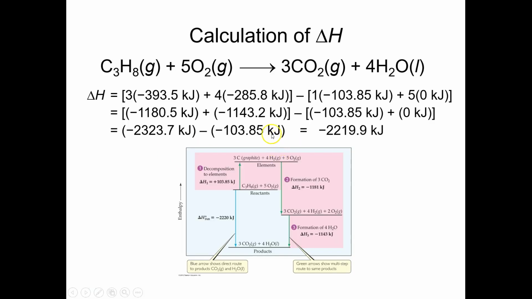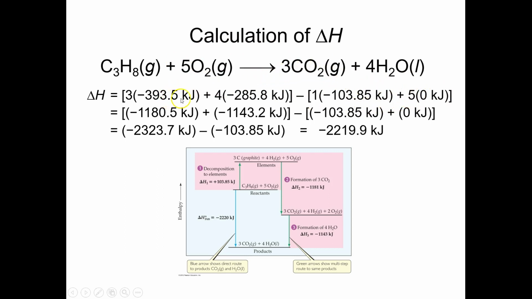And so for the reaction we were just talking about, the combustion of propane, if you look in Appendix C, you'll find that the standard enthalpy of formation of carbon dioxide is negative 393.5 kilojoules. For water, it's negative 285.8 kilojoules. For propane, it's negative 103.85 kilojoules. And for oxygen, because that's an element in its standard state, that is 0.